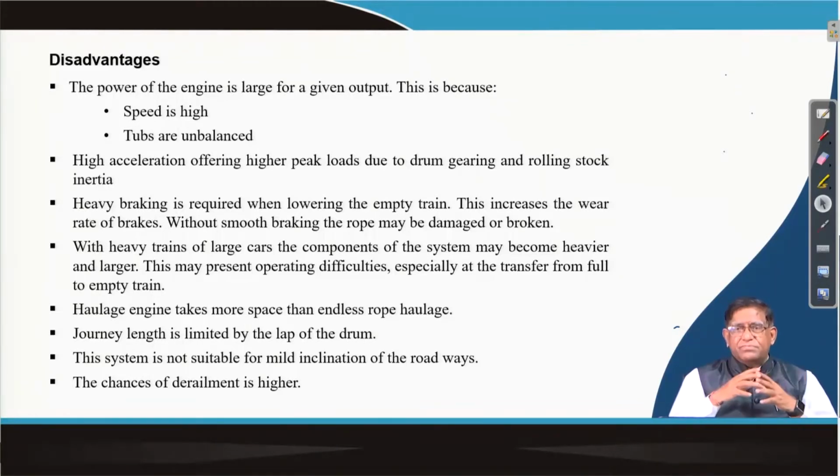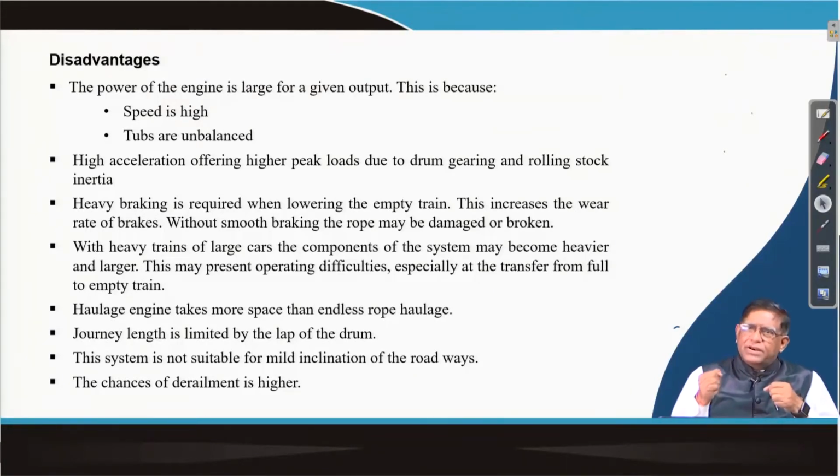If the speed goes up, there could be accidents, because the rope may swing and hit a person moving nearby. The rope is guided over some wheels, and if it is at high speed it may come out of them and hit people. So there is accident proneness.